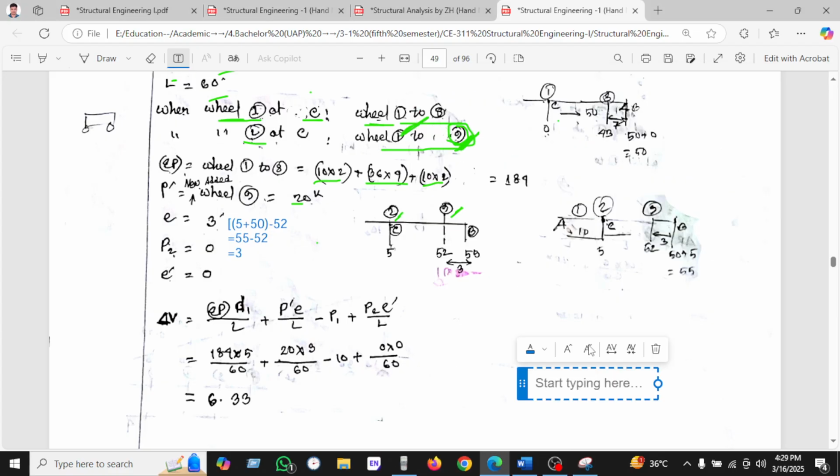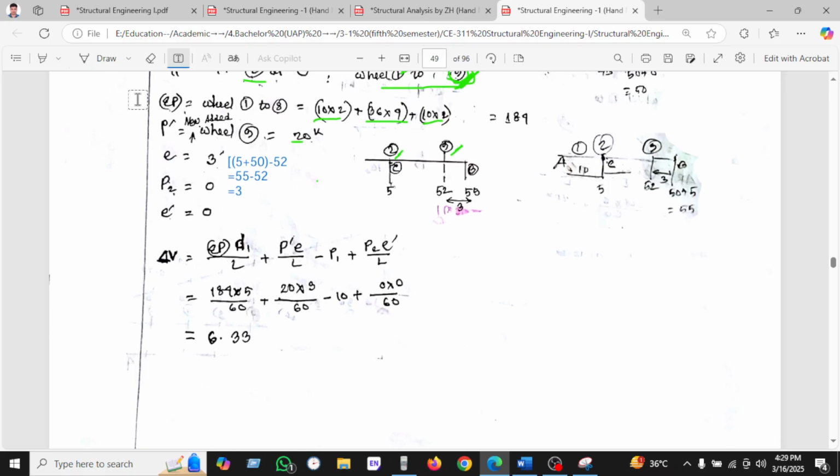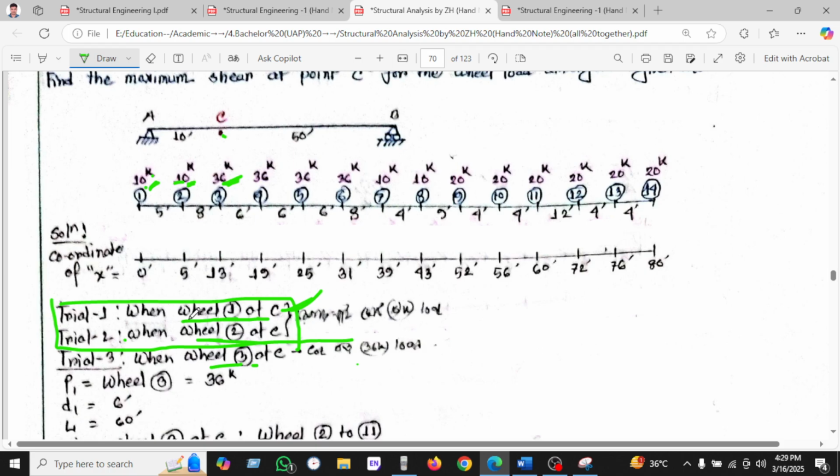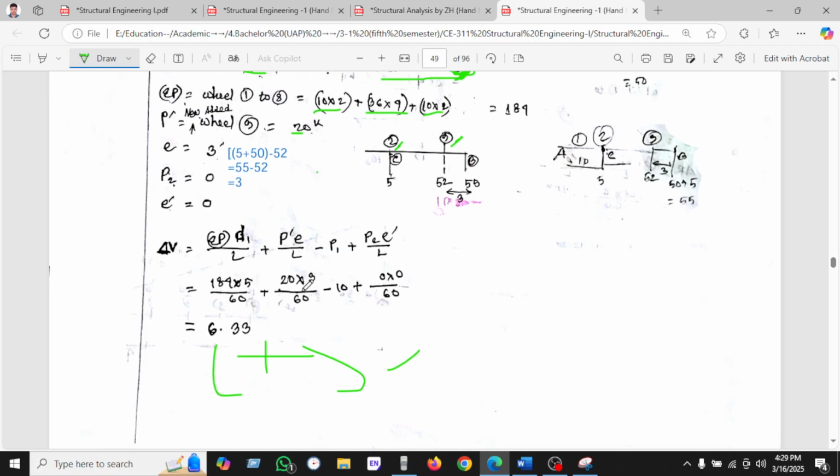So after this we calculate all these values and found 6.6. So this is a positive value, so we need another trial. Trial 1, when wheel 1 is at C, we don't need the trial. And similarly for wheel 2, we don't need the trial because this is a lesser value than wheel 3, but I am showing wheel 2 here now.